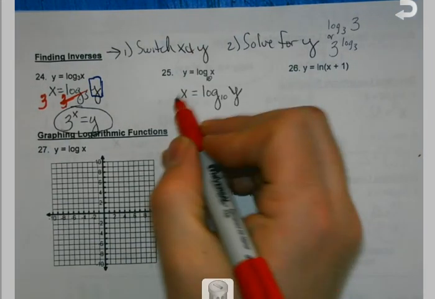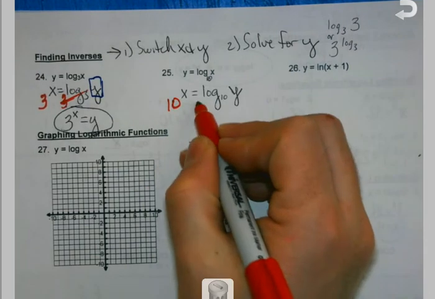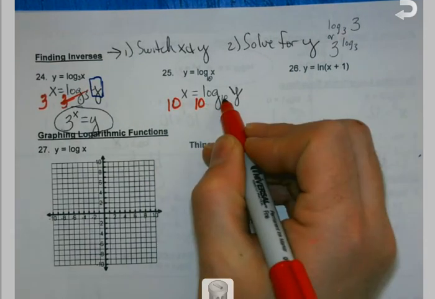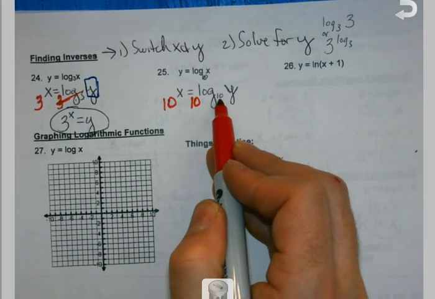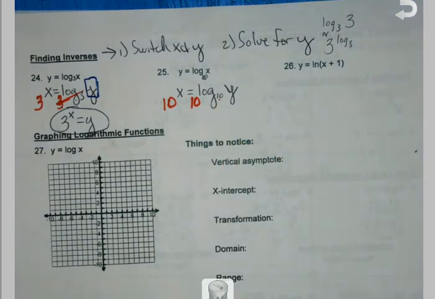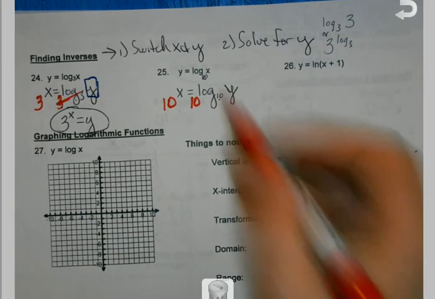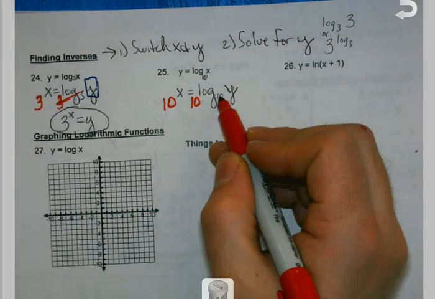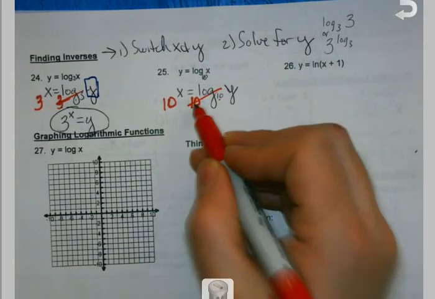I'm going to take both of these and exponentiate them, because that's always going to be my base number. If they just have log there, we always assume it's going to be a 10 unless they put a number there instead. And so 10 and log base 10 are opposites.